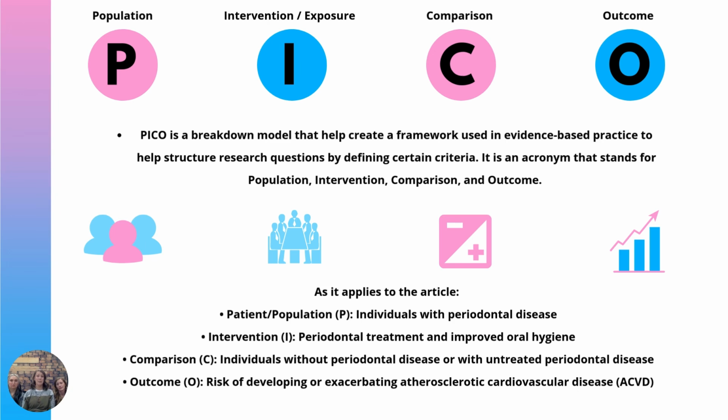And the C is those without periodontal disease or those that are left untreated. And then the O is the risk of developing or worsening atherosclerotic cardiovascular disease. Basically, the question is, does treating periodontal disease help reduce the risk or severity of ACVD? And based on what the article reviewed, the answer leans toward yes, although more research is still needed to be completely sure.